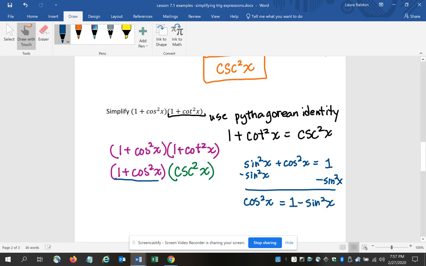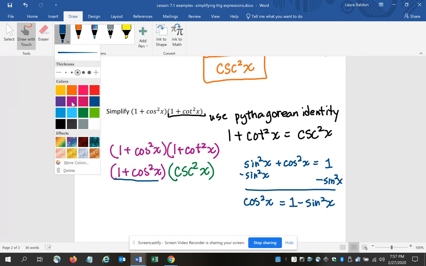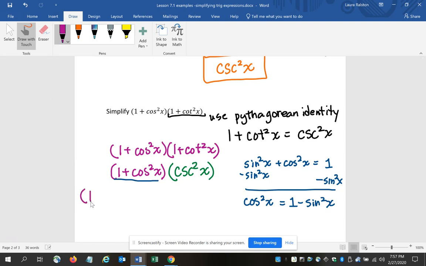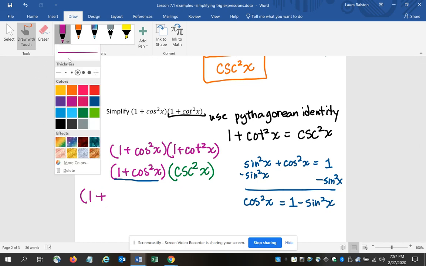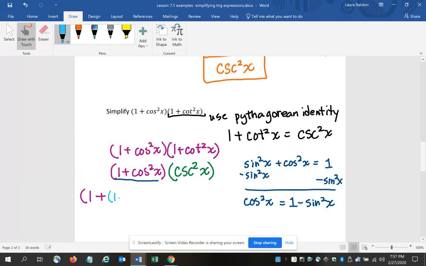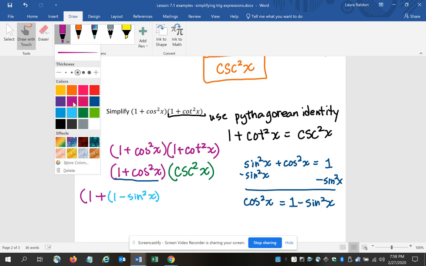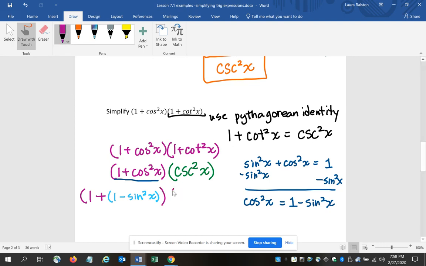So sometimes you have to do an algebraic manipulation to the problem or to the identity for it to work. Here I would have 1 plus, and in place of the cosine squared, we're going to put 1 minus sine squared x, times, and we've already done the substitution for cosecant squared x.